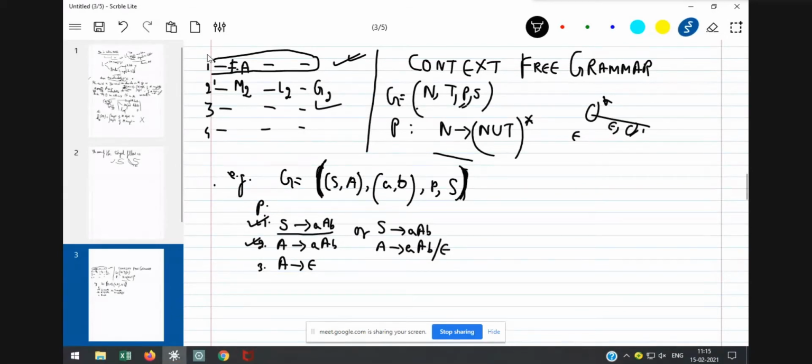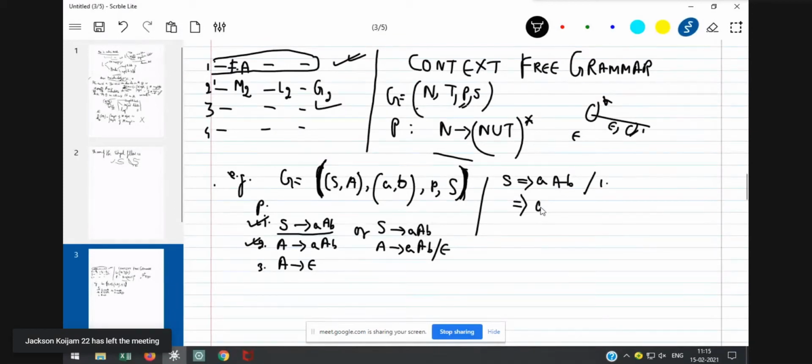Now let me derive some string using this particular grammar. When we are about to derive something, we should always start from the start symbol S. So let me start from this. I'm using production rule number one. And then next, I can use either production rule number two or three.